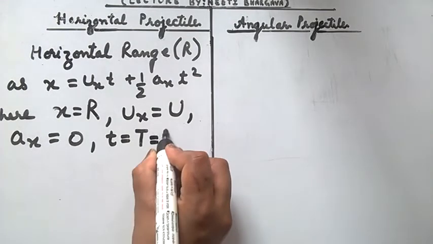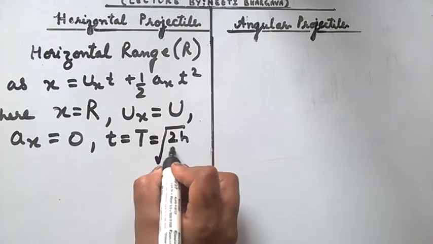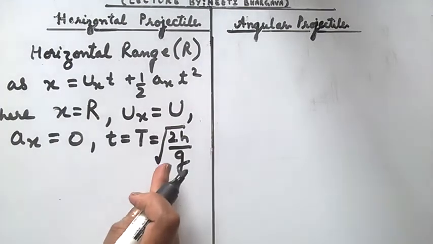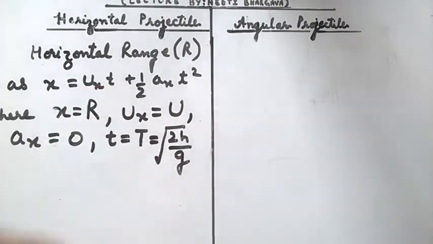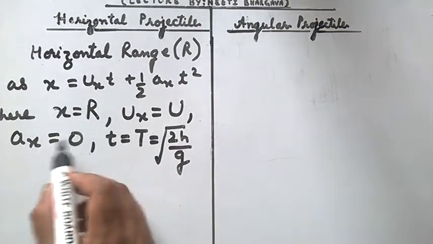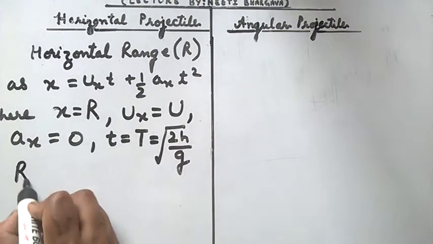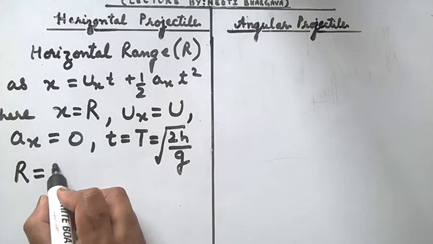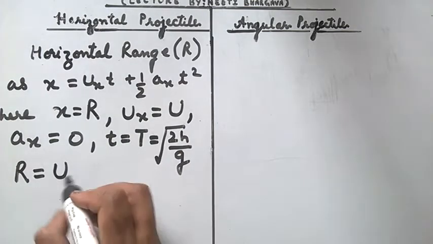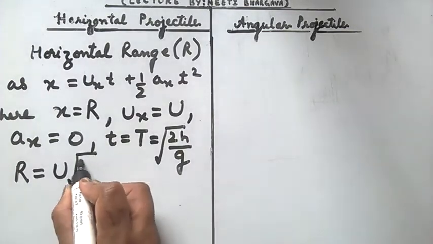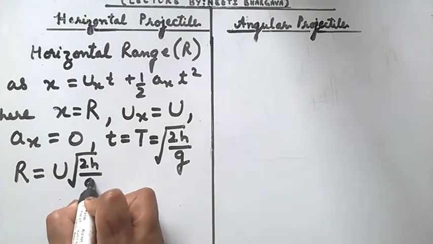So on substituting all these values in given equation of motion, we get R equal to u into t, which is equal to u root 2h by g. This is the value of horizontal range.